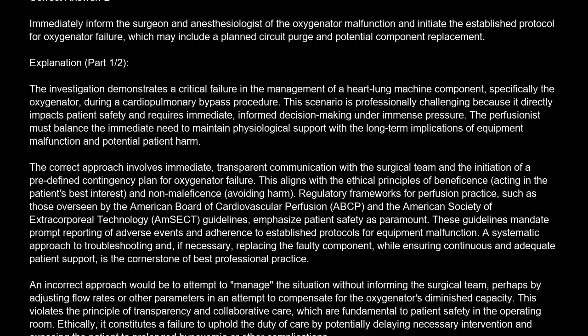An incorrect approach would be to attempt to manage the situation without informing the surgical team, perhaps by adjusting flow rates or other parameters, in an attempt to compensate for the oxygenator's diminished capacity. This violates the principle of transparency and collaborative care, which are fundamental to patient safety in the operating room.